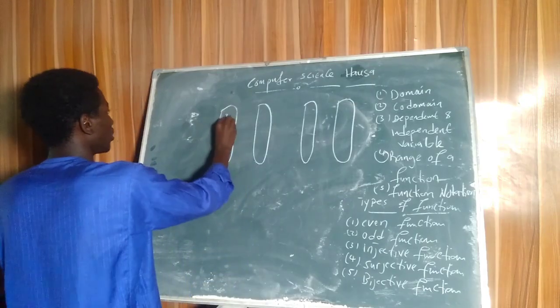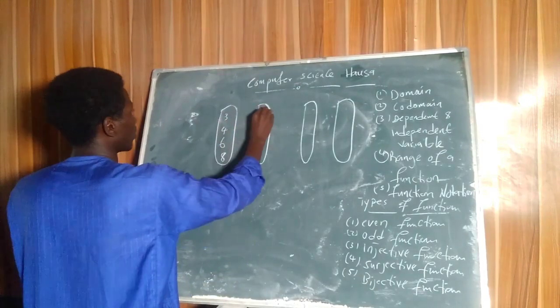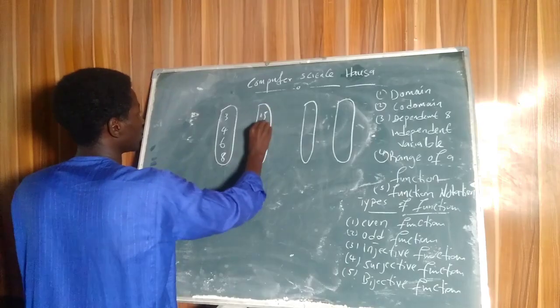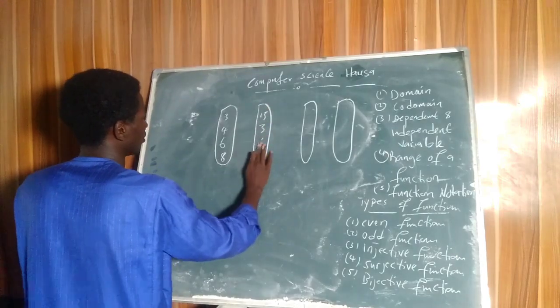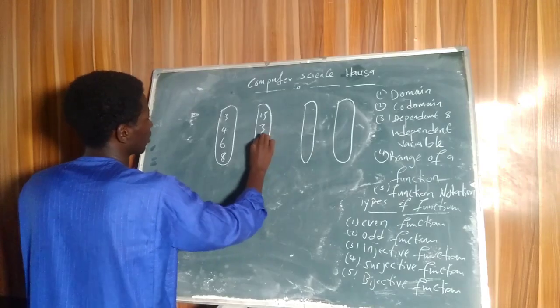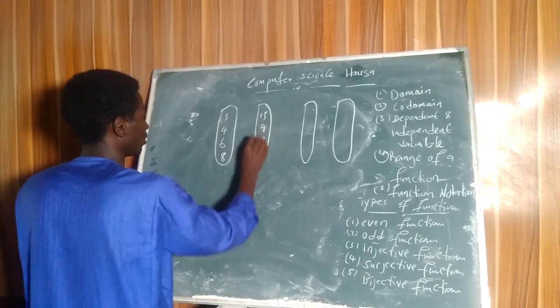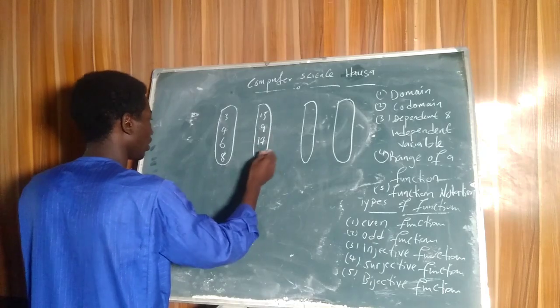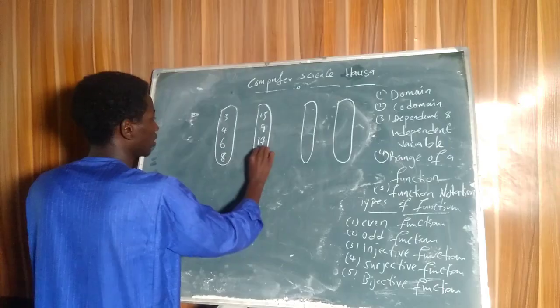Sai ina da 3 4 6 8 nan, kuma 15 3 6 17, ana ya kamata ya zama 3 ba 9, sai na sa I'm just assuming and let's say in sa 10 here, right?